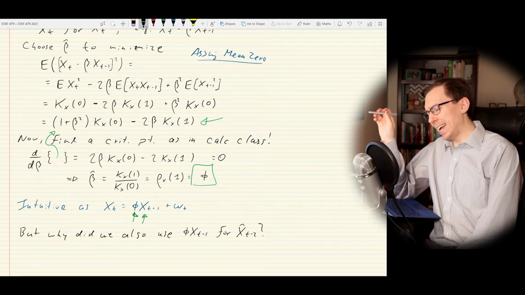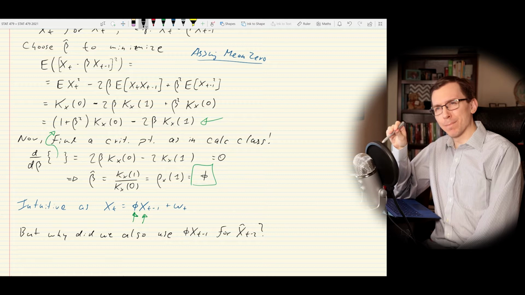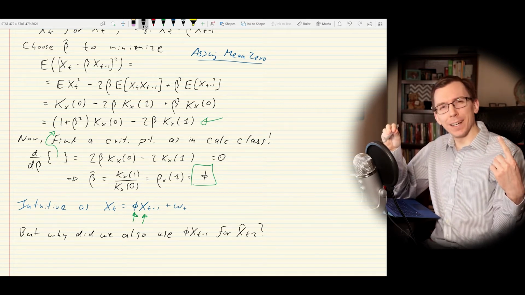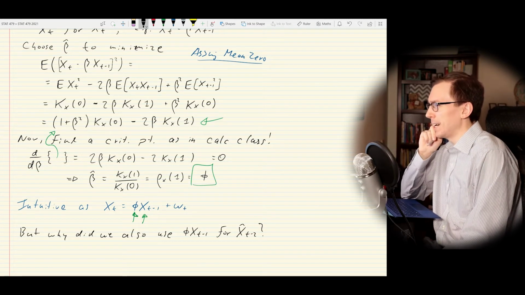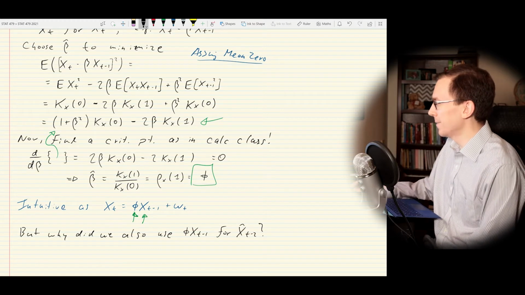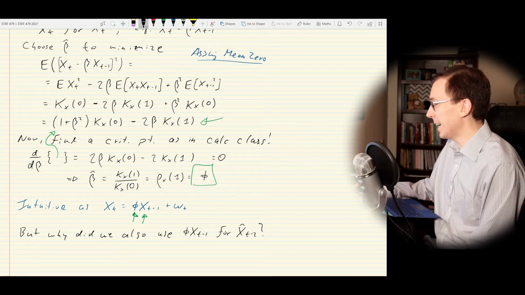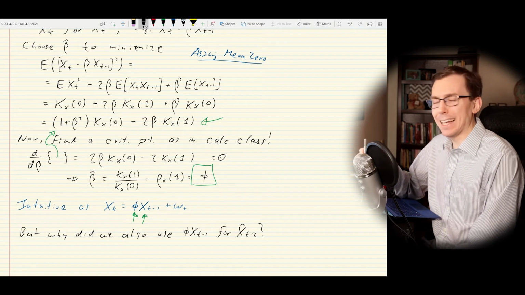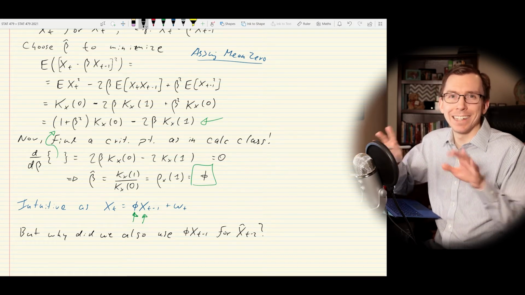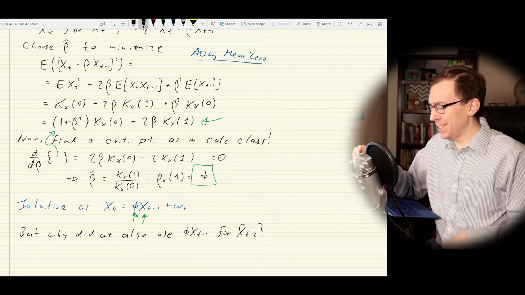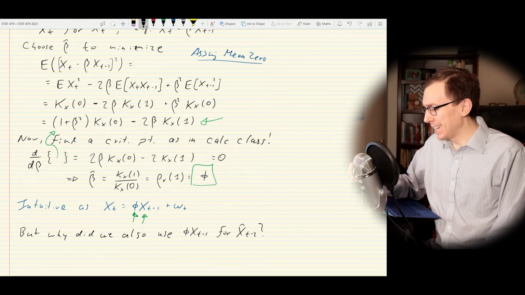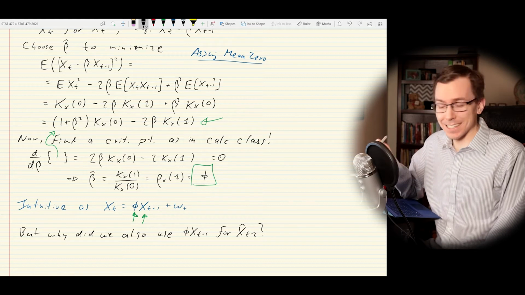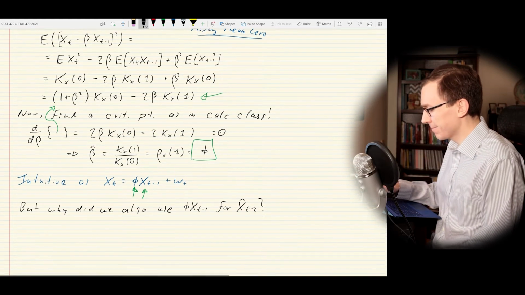Because phi x_{t-1} predicts x_t, but now we want to predict the previous time point, x_{t-2}. So why would that be the case? Well, we can do the same thing again and solve it. I kind of hand waved past this before. I said, symmetry, there's symmetry in the autocovariance function, and that's why. But don't take my word for it. Let's actually write it out and see what happens.